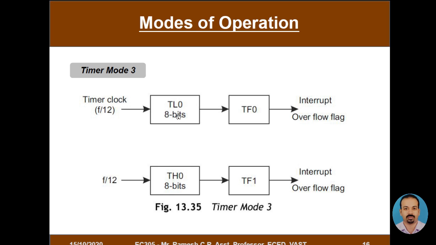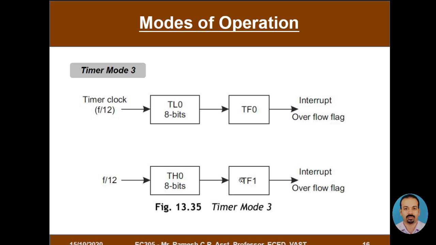These two are the count registers for the two 8-bit timers. If an overflow from FFH to 00H occurs due to the increment in the TL0 register, the corresponding overflow flag is TF0. For the overflow that occurs on the count of the TH0 register, the overflow is indicated using the overflow flag of timer 1.